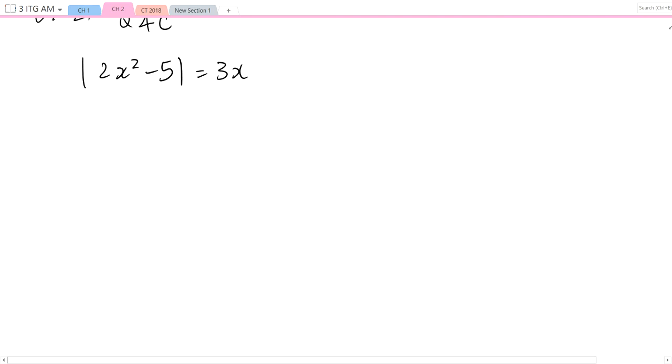We copy down exactly the same question, but we remove the modulus sign. 2x squared minus 5 equals 3x. And in our second case, we have 2x squared minus 5 equals negative 3x. So note that in the second case, all I did was to introduce this negative sign.